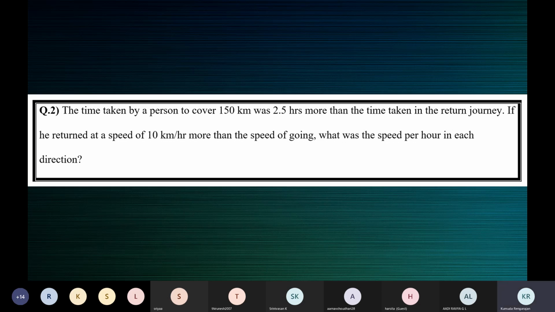Yes, x square plus 10x minus 600. Yes, ma'am. Yeah, you're right, Riya. Please solve ahead and tell me the values of x.